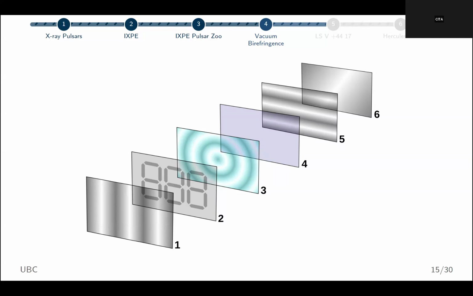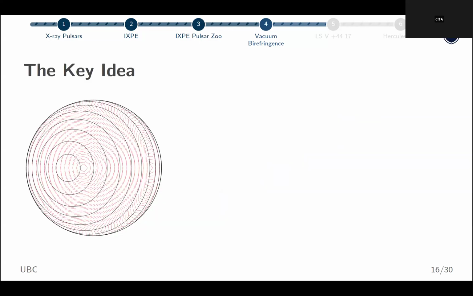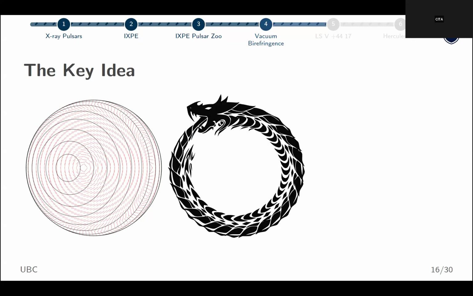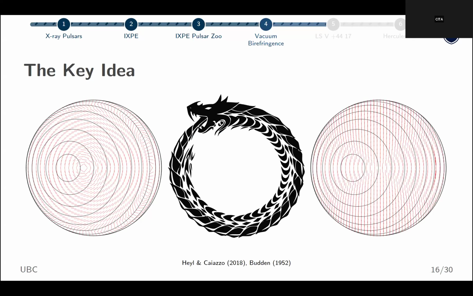So what's happening in the neutron star is as the light leaves the surface, this is the polarization that you would see at the surface. It propagates a long distance away from the star, and the polarization, that is symbolizing like the one loop correction of QED, the polarization vectors end up lining up. In this case, I've drawn it so it's perpendicular to the projected axis of the magnetic field in the star.